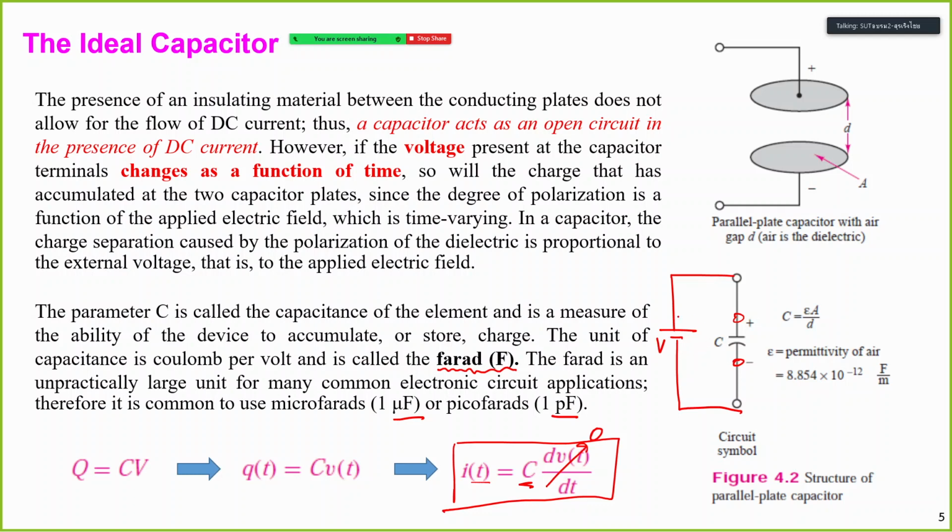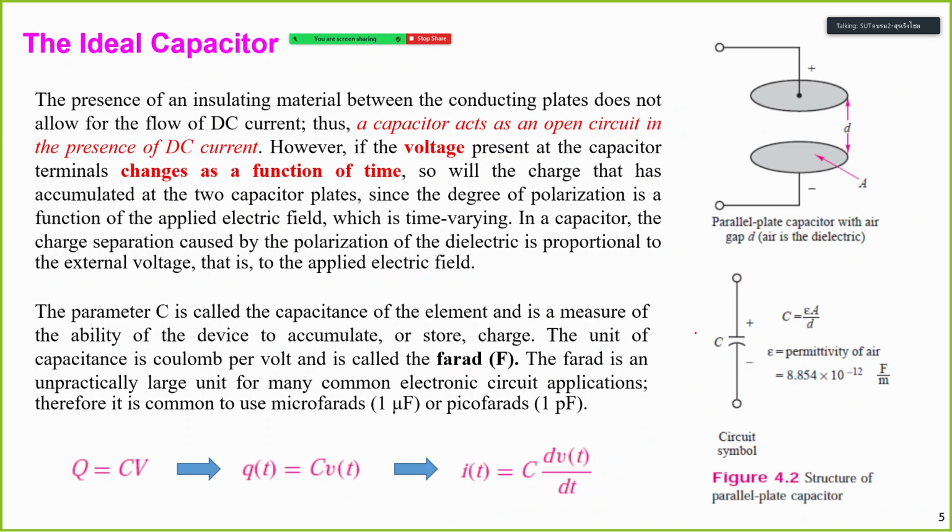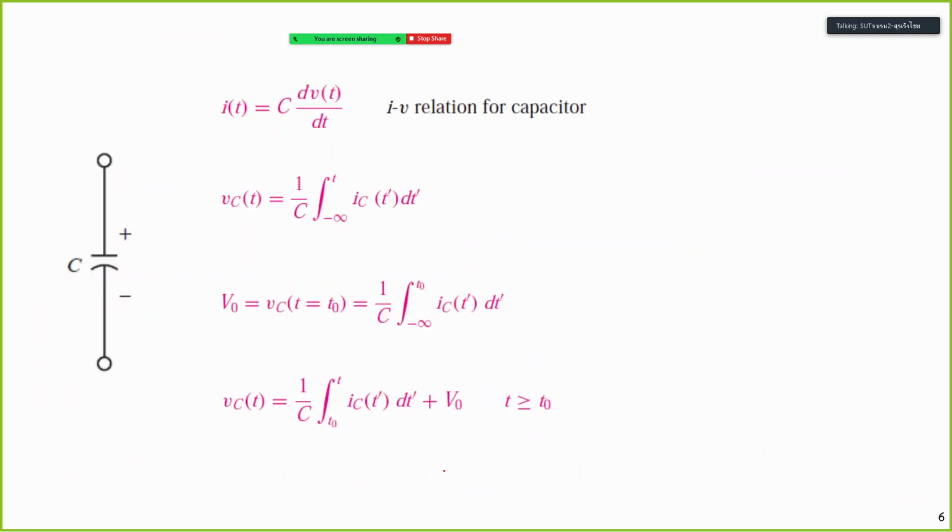So if the voltage is changed, maybe you make some switching or you put an AC circuit here, the current will flow in this relation. With this relation, we can write down the voltage in the form of current.